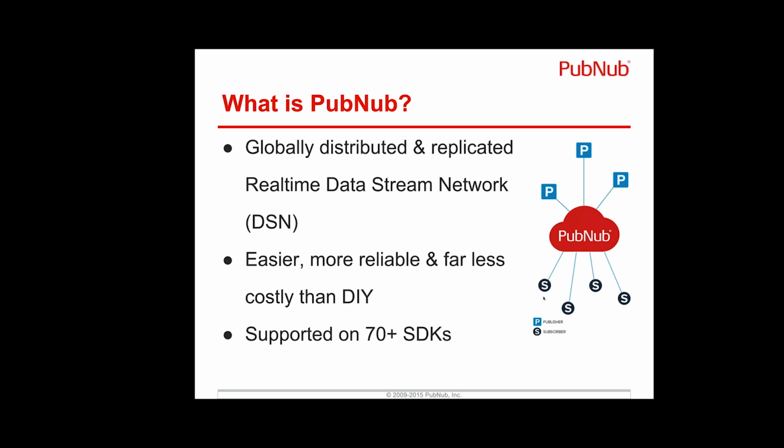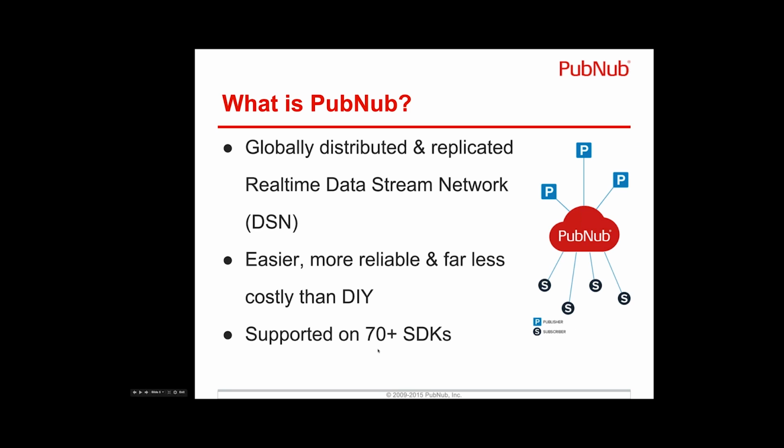We're globally replicated, so if you were to do real-time applications for mobile devices all over the globe on your own, you would need data centers scattered across the globe replicating messages back and forth, and that would be a very, very costly endeavor to undertake on your own. PubNub provides that infrastructure for you. We monitor it, and we ensure that it's up all the time.